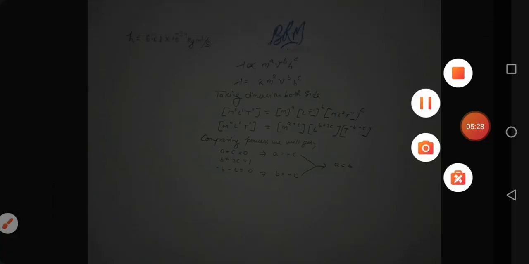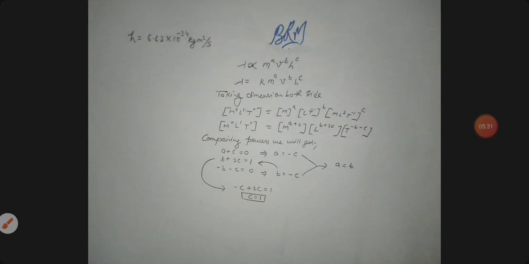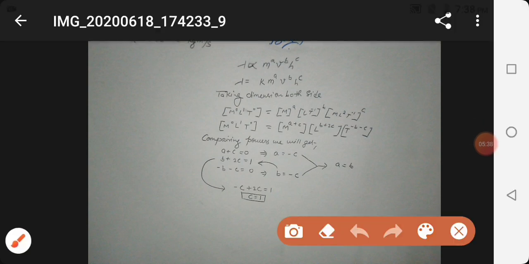So next, here you can see that we have put the value b is equal to minus c in the second equation.